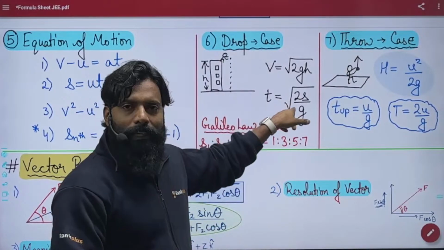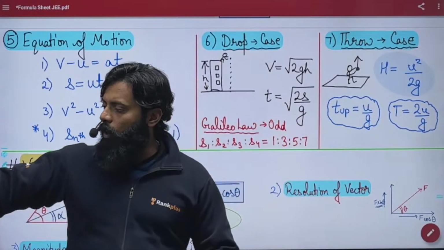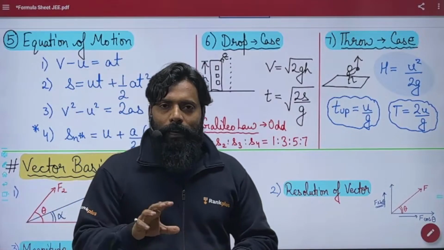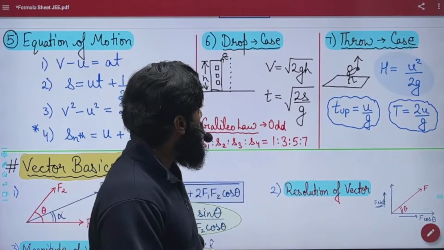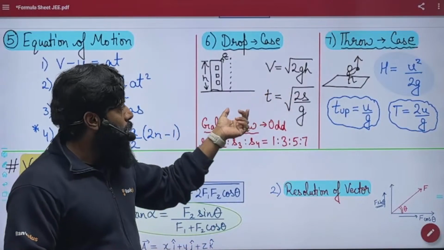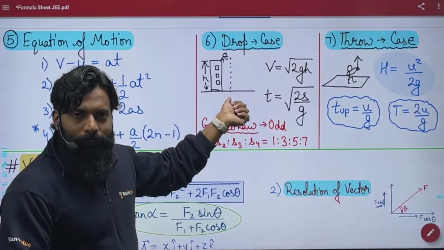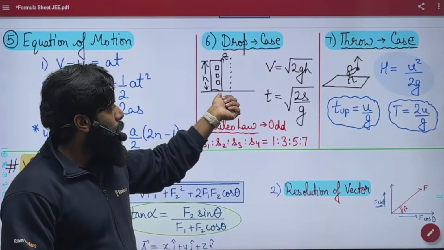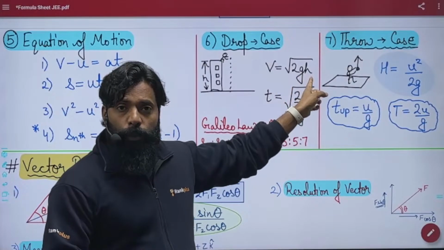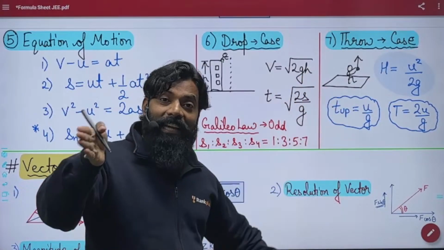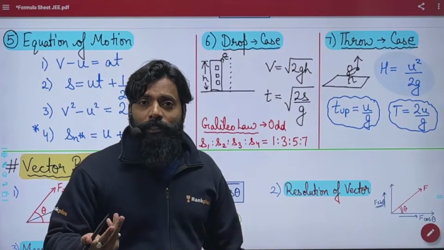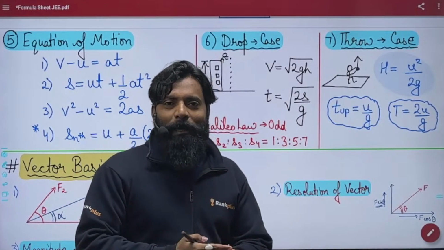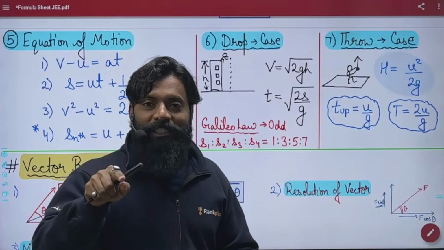The time interval is under root 2s by g. This formula is very, very important because a similar type of formula you will get in your fluid mechanics. To get the velocity with which this ball is striking when it hits the ground, it is under root 2gh, and this formula was asked in JEE 2024. Directly they are asking this formula. See how easy questions are coming. It particularly depends upon your shift, which shift you got.